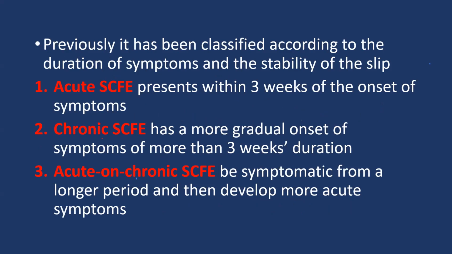A chronic slipped capital epiphysis has a more gradual onset of symptoms, more than 3 weeks duration. And then acute on chronic is one having a chronic with an acute further slipping. And this is called the temporal classification.